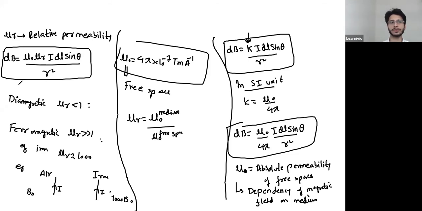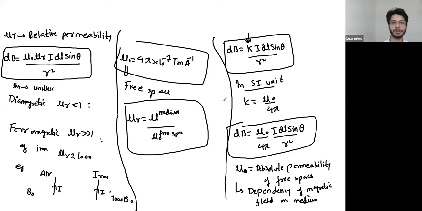Mu r is unitless. And we usually don't write naught when we talk about any other medium. When you have free space, then we write mu naught. So this is the difference. Mu r is the ratio of absolute permeability, so relative permeability is the ratio of the absolute permeability of the medium and the absolute permeability of free space.